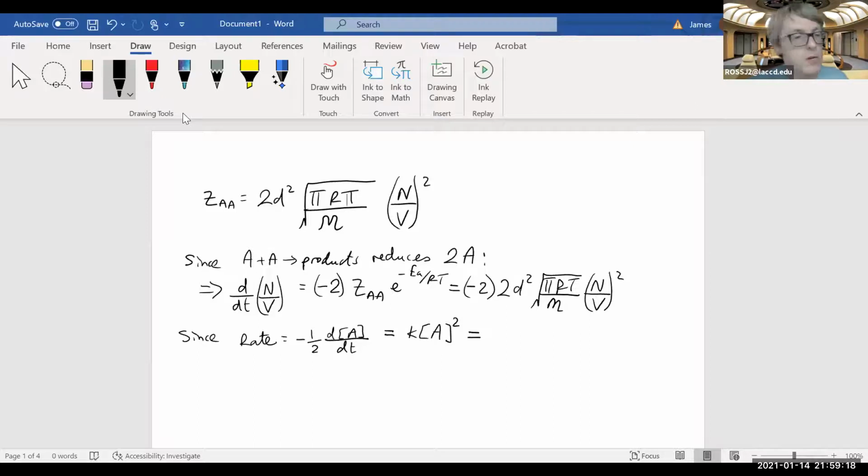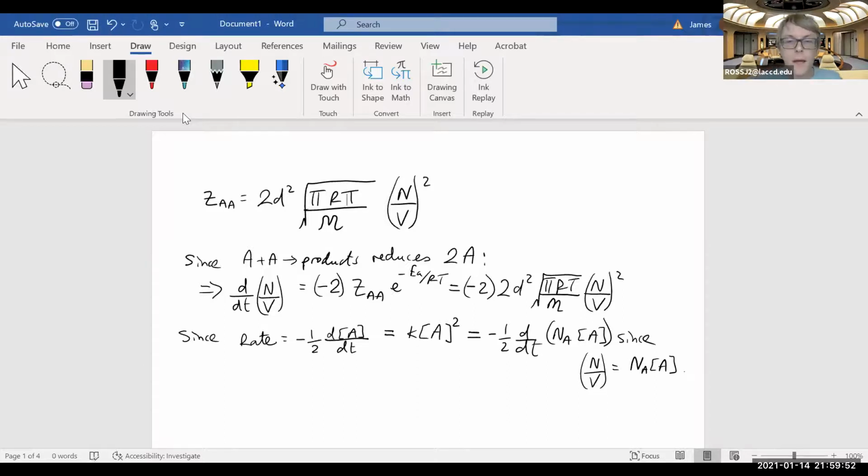So the rate expression is the rate constant. It's also equal to 1/2 d[A]/dt, and since n over V is equal to N_A[A].